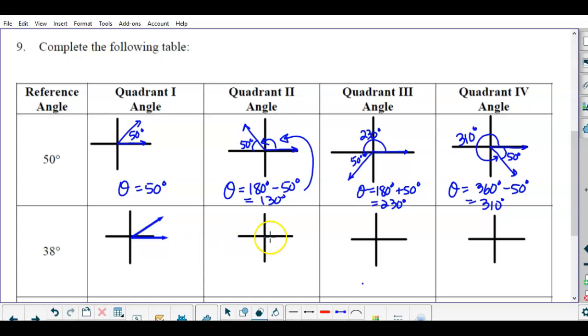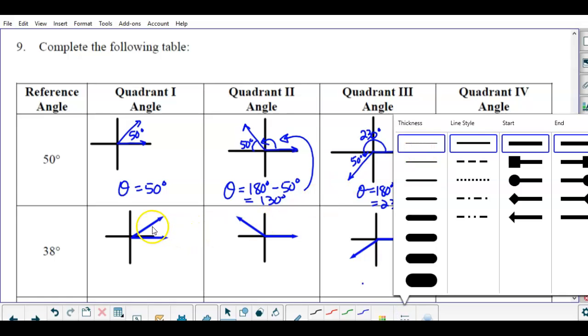Now in the second quadrant, the 38 will be with the negative x-axis. In the third quadrant, they'll be with the negative x-axis, but below. And then the fourth quadrant, it'll be in the fourth quadrant, obviously, below.